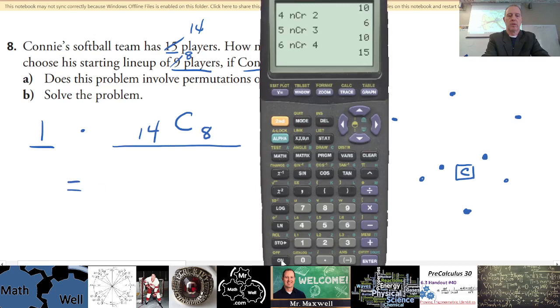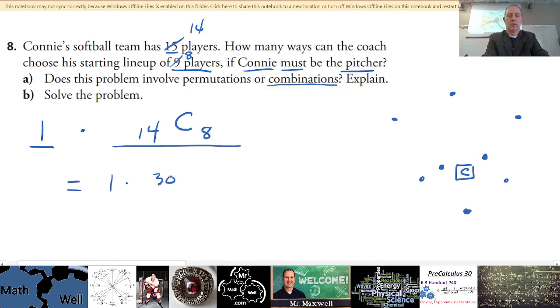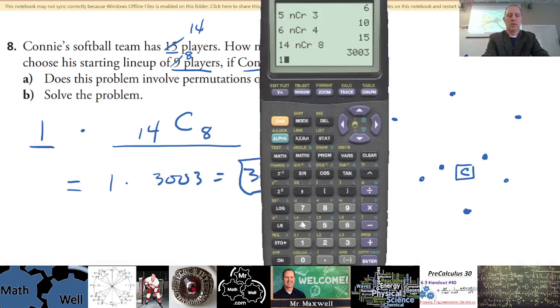We'll use our calculator here. And I do want to check the other one as well, of course. 14 choose 8 is 3,003. You guys get that? So 1 times 3,003 is 3,003 different ways. Now, just out of curiosity, oh, you did 15.